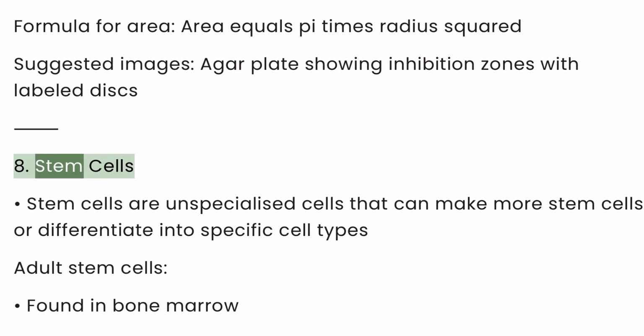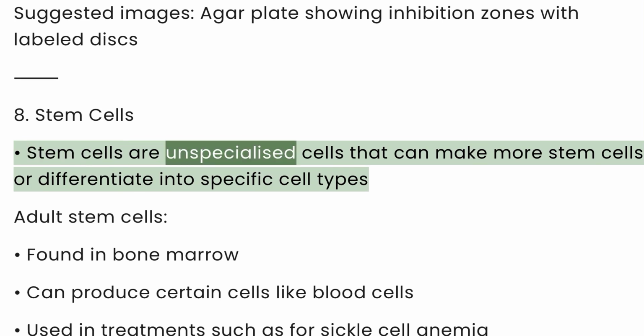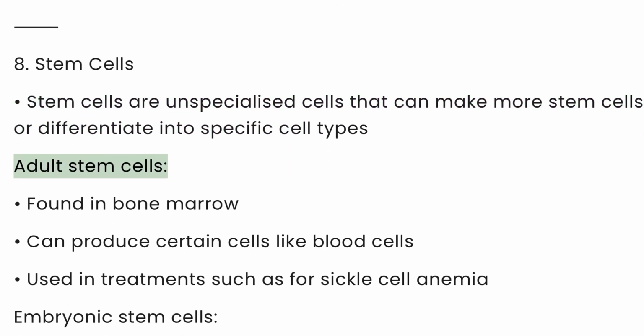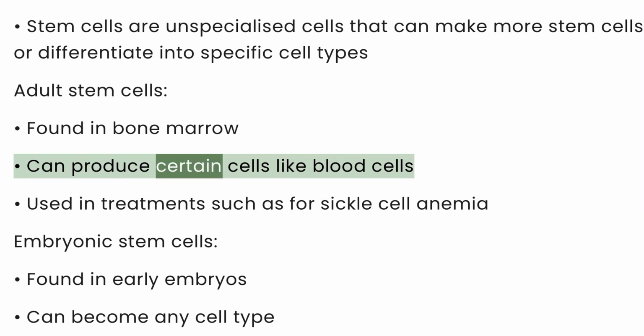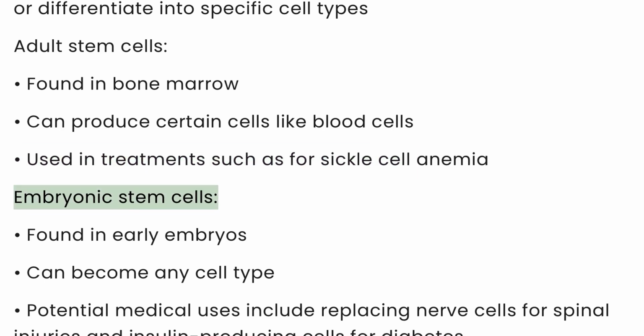8. Stem cells. Stem cells are unspecialized cells that can make more stem cells or differentiate into specific cell types. Adult stem cells, found in bone marrow, can produce certain cells, like blood cells, used in treatments such as for sickle cell anemia.